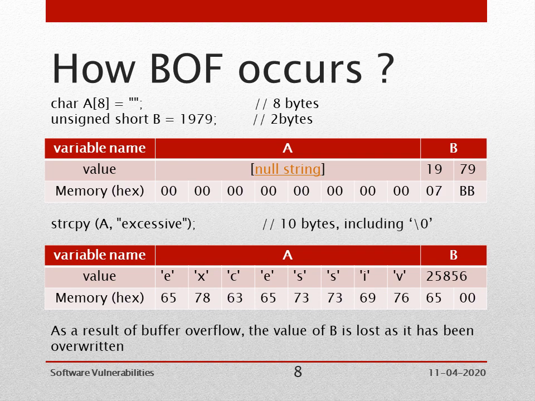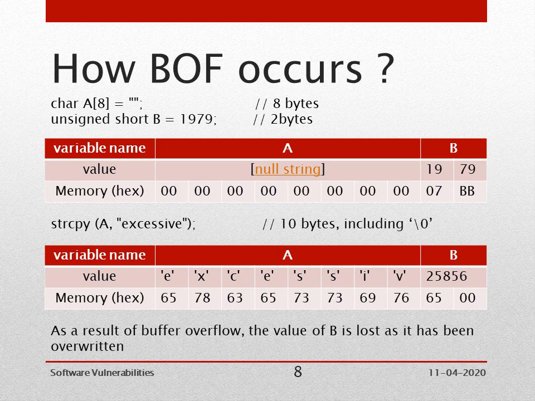Now, let me explain to you how BOF occurs using a simple example. Consider the portion of code written in C. Here, a character array a of size 8 is declared and initialized as a null string. Hence, 8 bytes would be allocated for it in memory. Remember that the C compiler automatically places a null character at the end of every string.